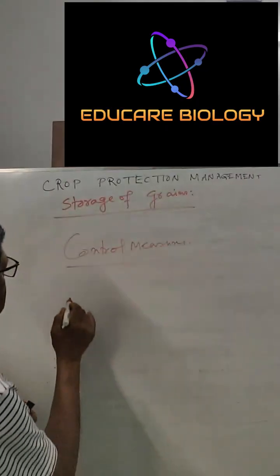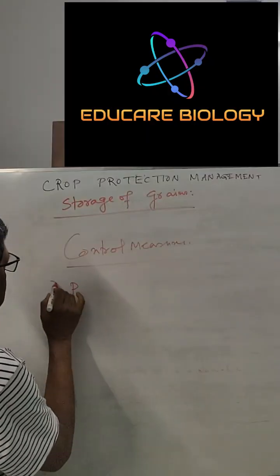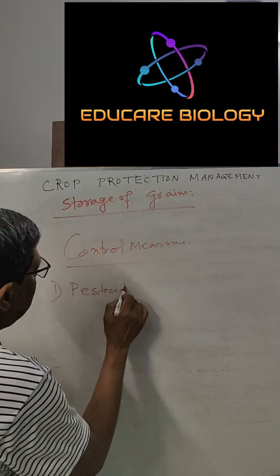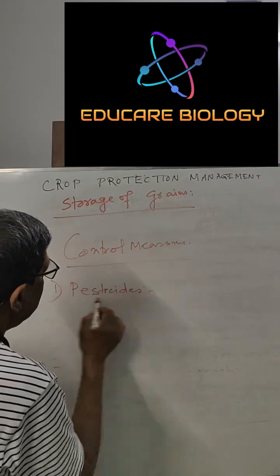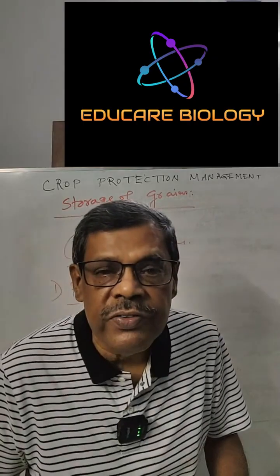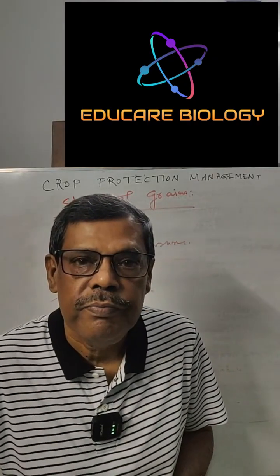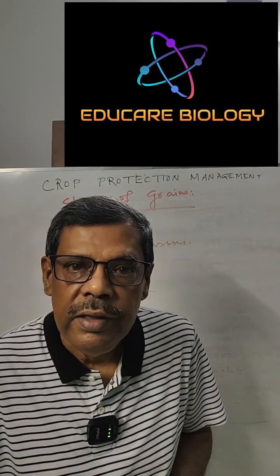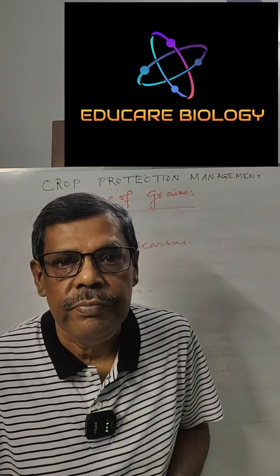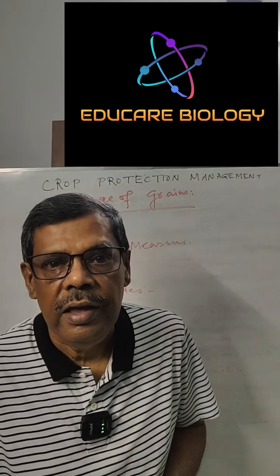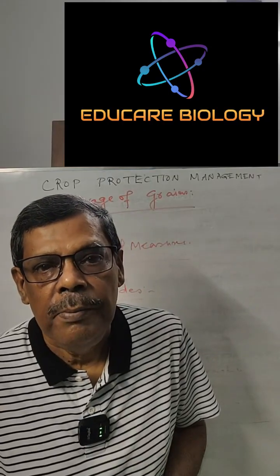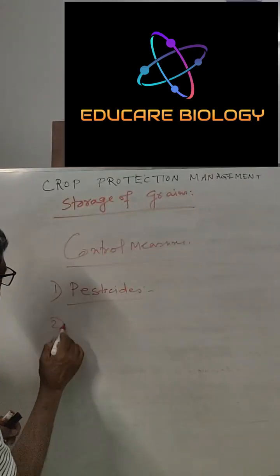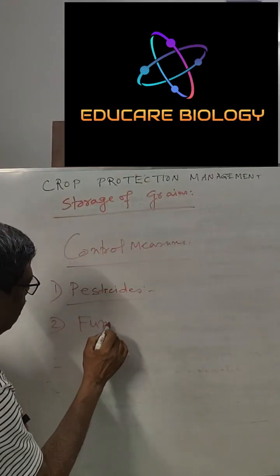Number one, pesticides. Pesticides would be sprayed on gunny bags, that is BHC, malathion, parathion, etc. Next, fumigation.